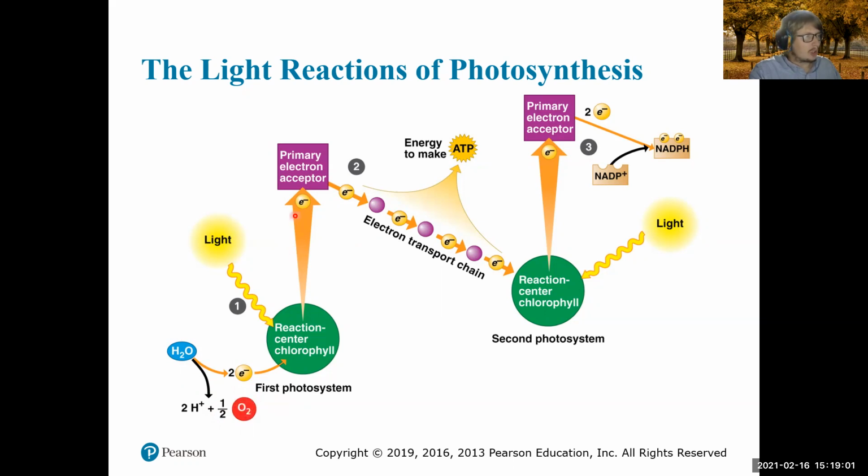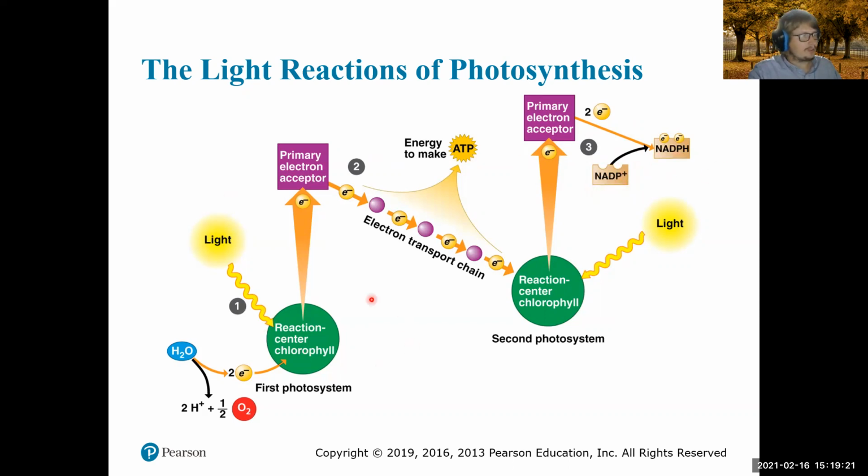Okay. So once this electron makes it to the second photosystem, it is hit by another photon packet, and that electron is re-excited. It is then used to turn NADP+ into NADPH.